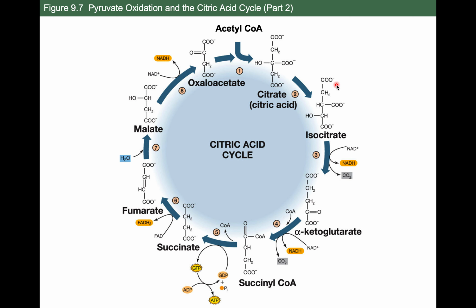Okay? And remember, we could turn that cycle twice for each glucose that we started with, right? Because we split our glucose into 2 pyruvates. Our 2 pyruvates were converted into 2 acetyl-CoAs. So we could feed 2 acetyl-CoAs in for each glucose that we started with.